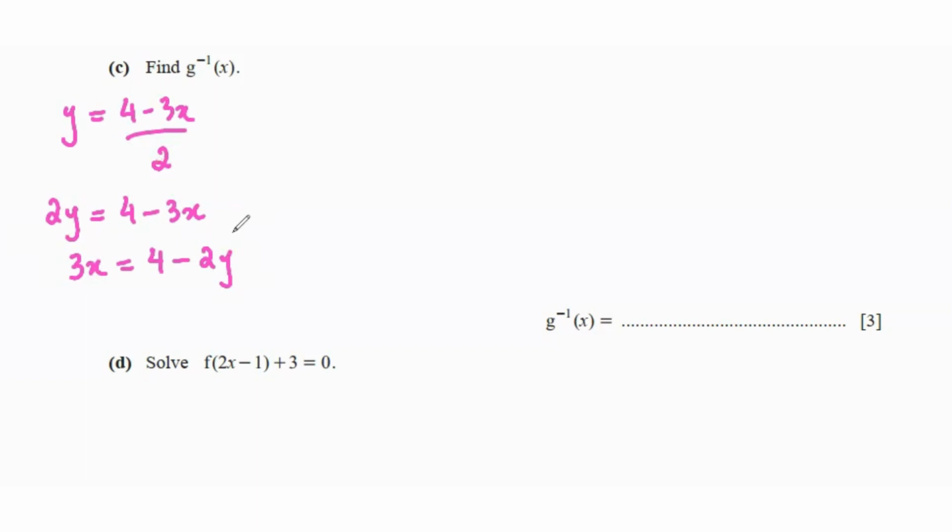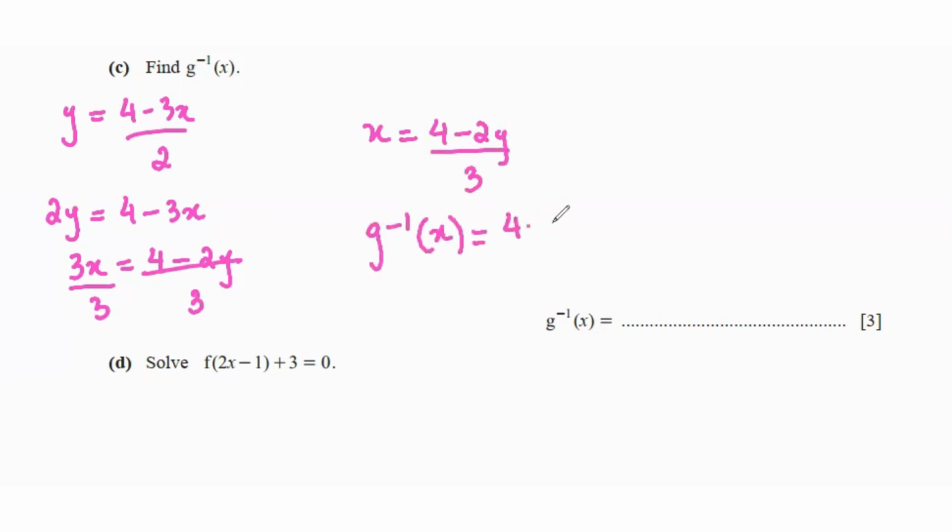So it's better that x is positive from the beginning. So now we divide both sides by 3. x is going to be 4 minus 2y over 3, which means g inverse of x is going to be 4 minus 2x over 3.